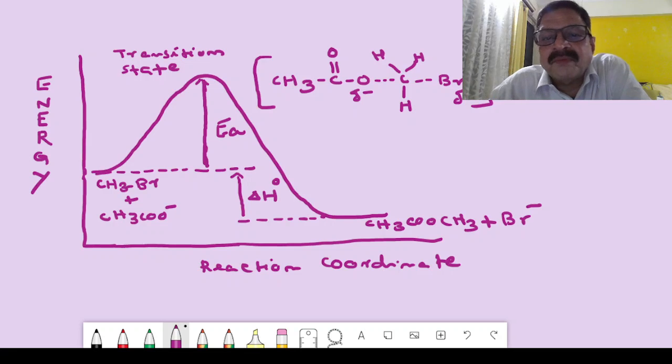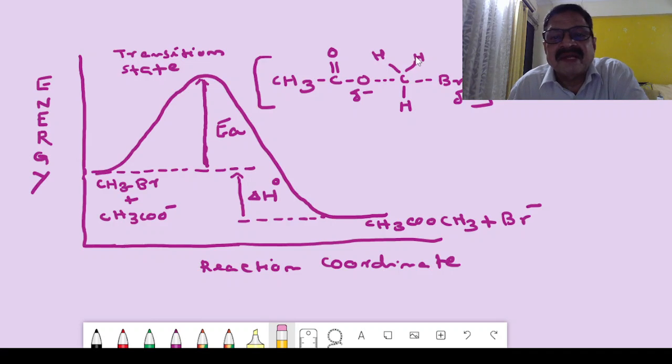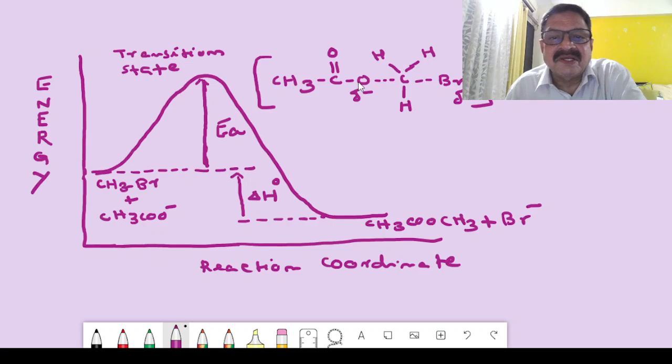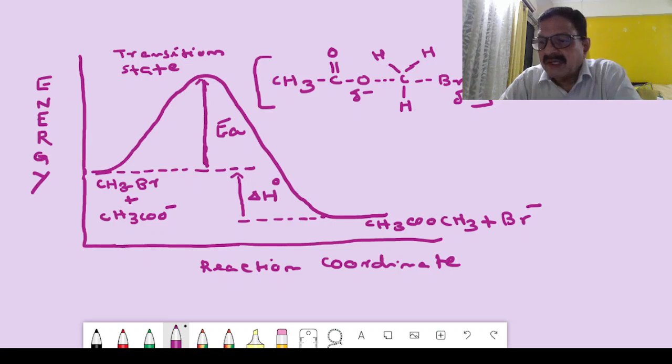It is not fully formed or not fully broken. That is what is meant by partial. Bond breaking and bond formation have not taken place fully in the transition state. So the transition state is the energy barrier, and it is to be overcome for the reactants to become the products.